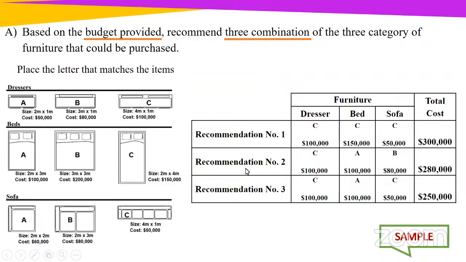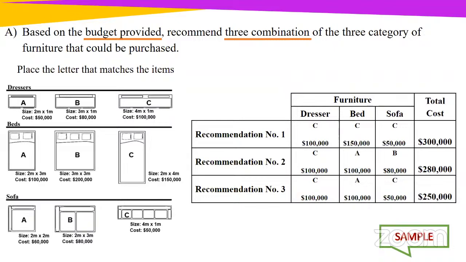We look at recommendation 2. Did we stay within or above budget? Recommendation 3. Did we stay within or above budget? What's happening in the chat, Dr. White? I'm seeing a number of yeses.